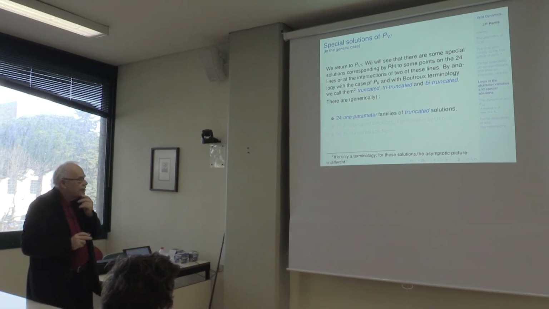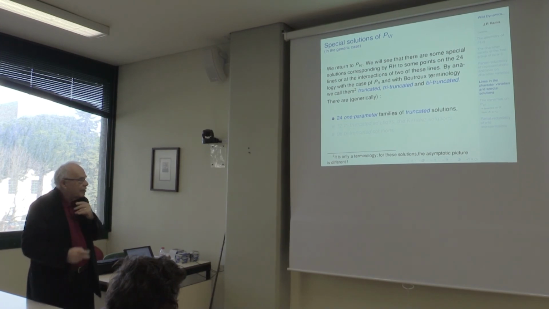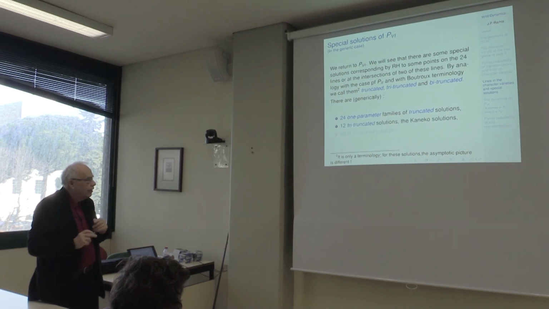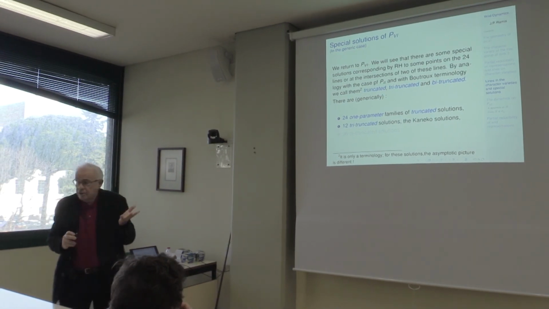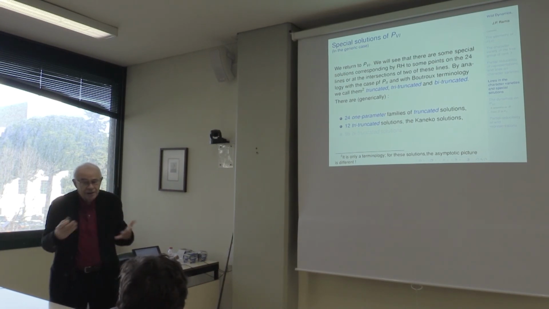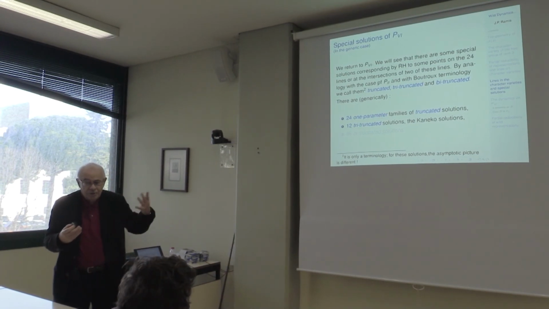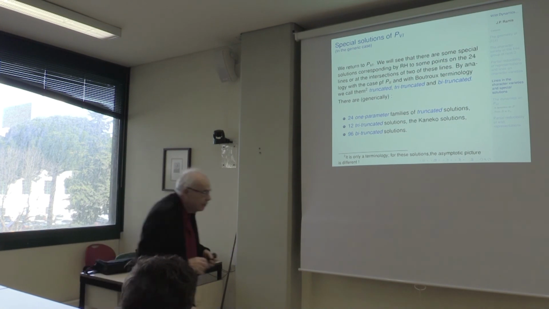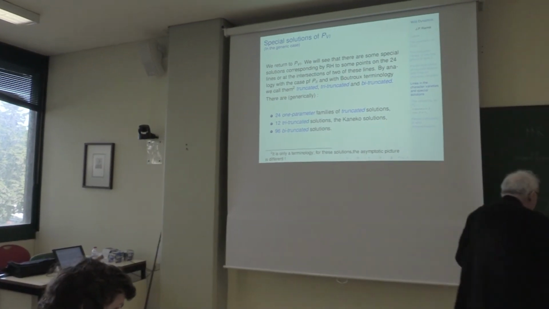The situation is like that: 24 lines, a 1-parameter family of truncated solutions. You have 12 tritruncated solutions, the Kaneko solutions. So the Kaneko solutions are exactly similar to tritruncated for P2 or P1. And this is more subtle. Perhaps we give some words.